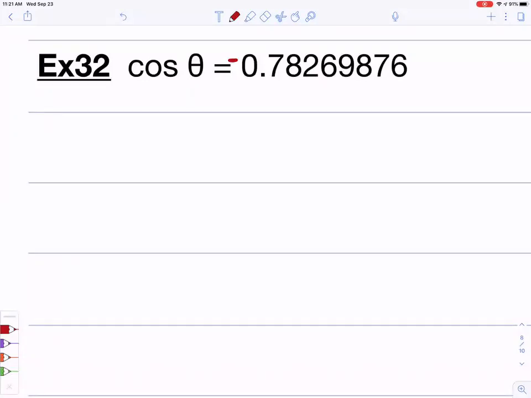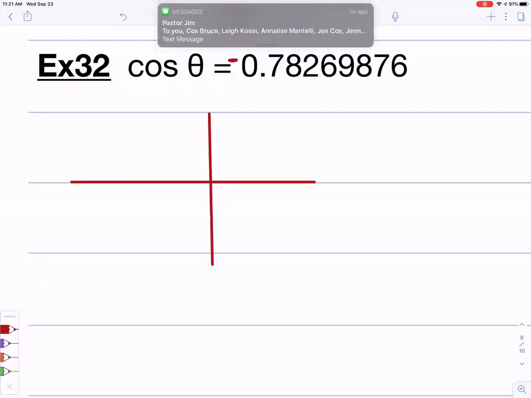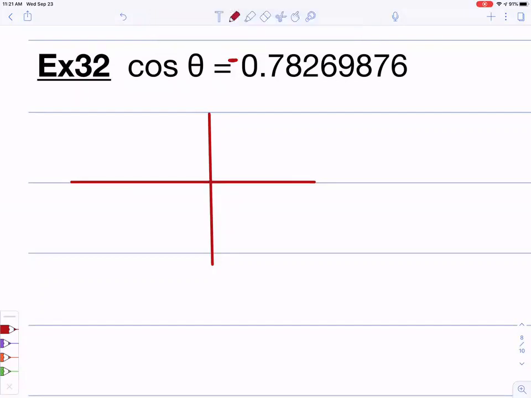We got to come up with a plan. Because if you don't come up with a plan, you might forget some answers. So how do we ask ourselves about our plan on this question? Say it again. Yeah, where is cosine negative? Second and third quadrant.